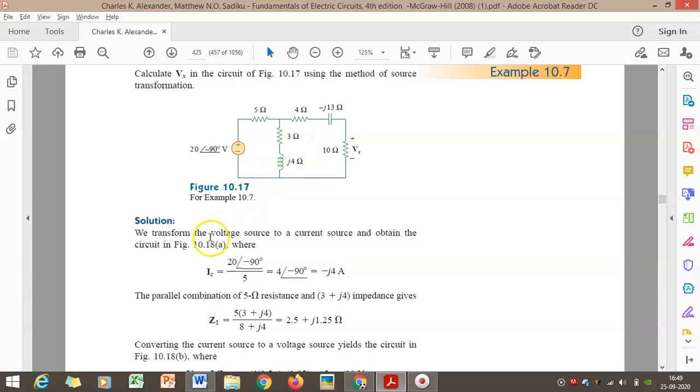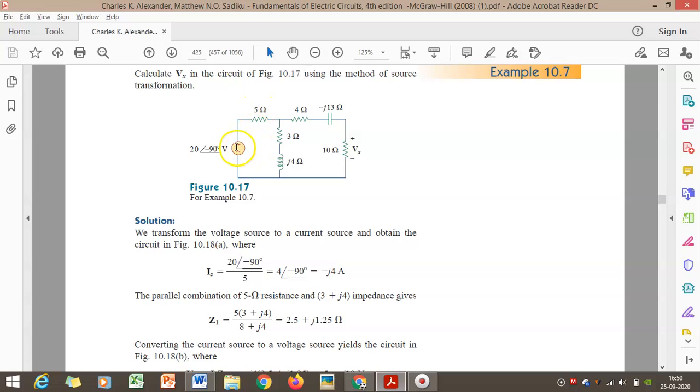First, we transform this voltage source to a current source and obtain Is. Any voltage source in series with a resistance or impedance can be converted to a current source in parallel with the same impedance. That is the procedure.